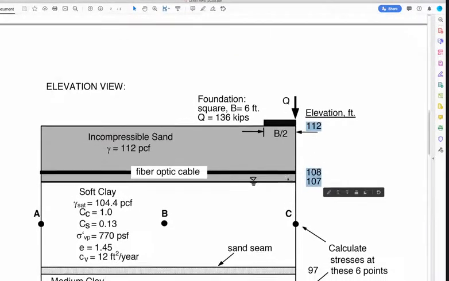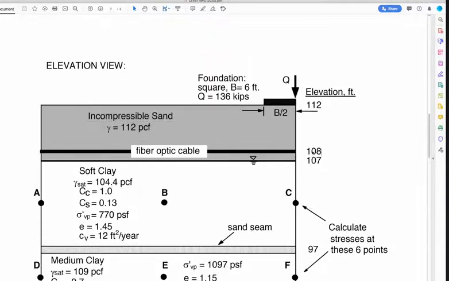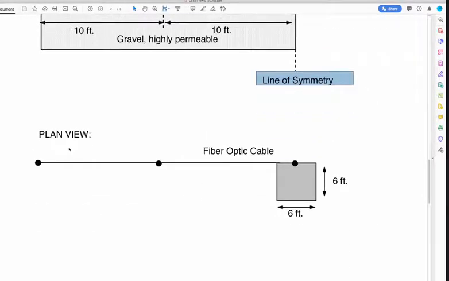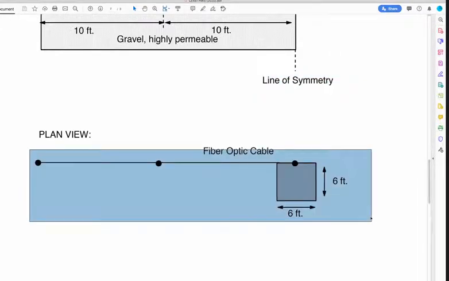And there is a line of symmetry going on. So this is a square foundation, B/2 shown like that. And if we look at a plan view, it looks something like this. It's important to recognize that the cable is running right under the edge of the foundation.